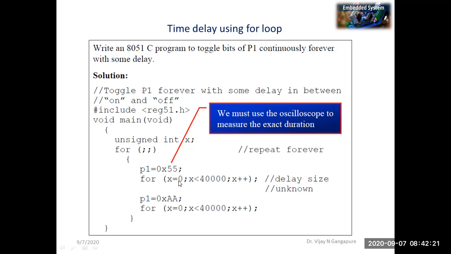This expression will be executed at the start only once, meaning x will get assigned the value 0, and this is a relational expression. This relational expression will be evaluated after each pass in the loop, and if it returns true, this for loop will continue, otherwise it will terminate.